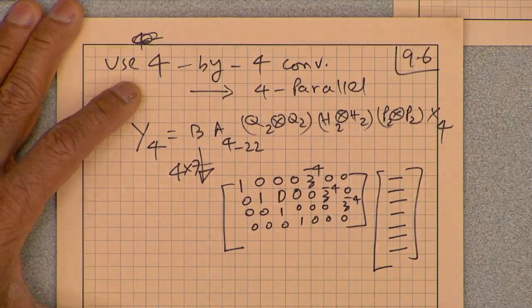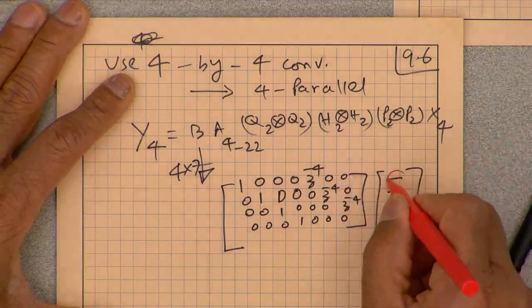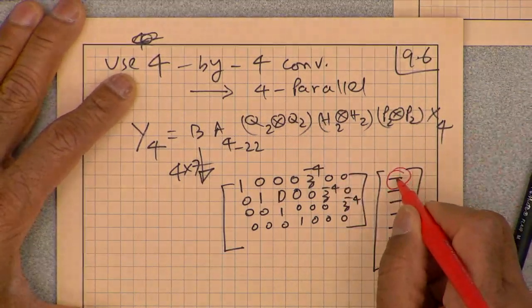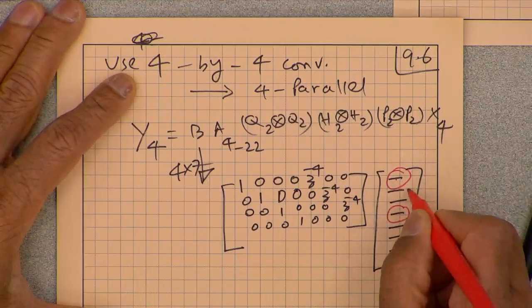So that's the B matrix. What does it do? It adds element number 0 and 4.